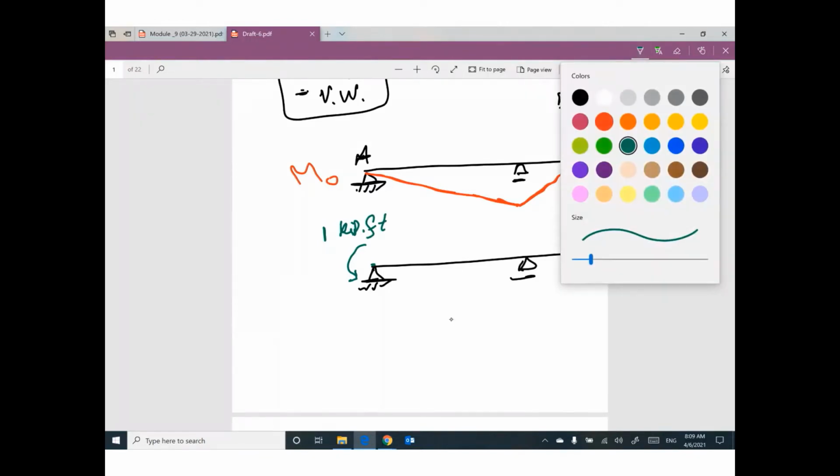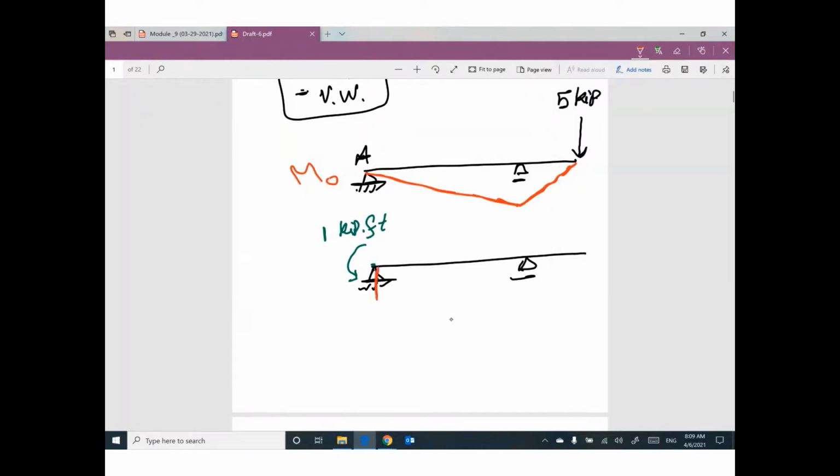Your bending moment diagram will be this triangle. This one is negative, and this one is called M1. So theta at point A will be the integration of M naught times M1 divided by EI dL. Any question so far?